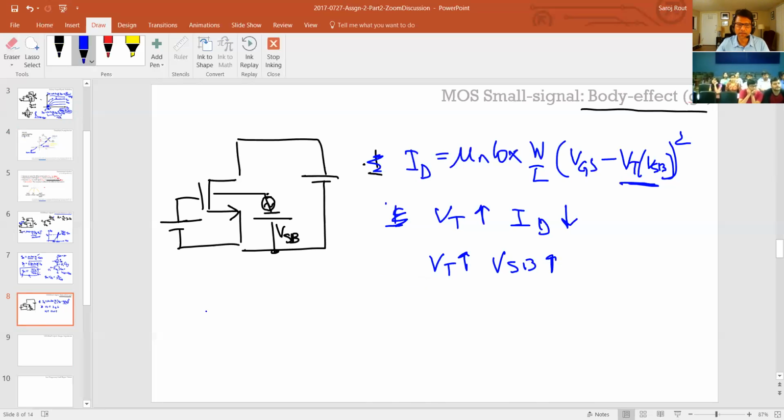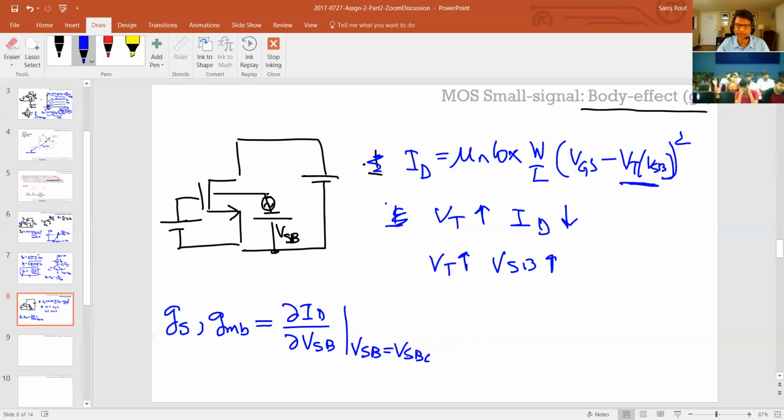So the small signal factor, sometimes in this book it's called GS, but a lot of times it's also called GMB. So you'll find in literature GMB, and they mean the same thing. That small signal is actually your dID over dVSB for a given VSB equal to some VSB0.